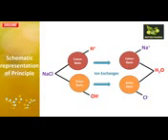Now when the ion exchange occurs, in place of H positive, Na positive will be attached, and in place of OH negative, Cl negative will be attached, and ultimately water will be evolved. So this is the example of ion exchange that occurs here.